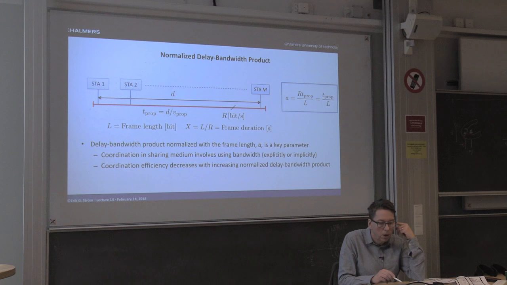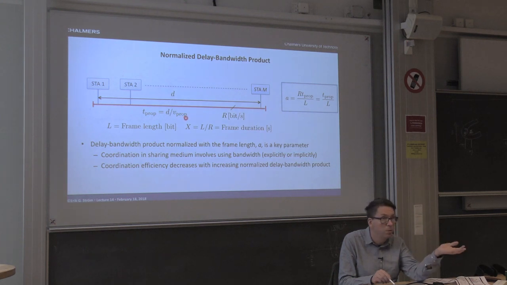Now the propagation time from here until here obviously depends on the distance and the propagation speed of the medium. So the propagation time is d divided by the speed of propagation in the medium, some fraction of the speed of light typically.